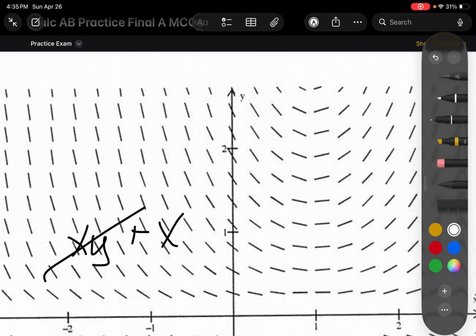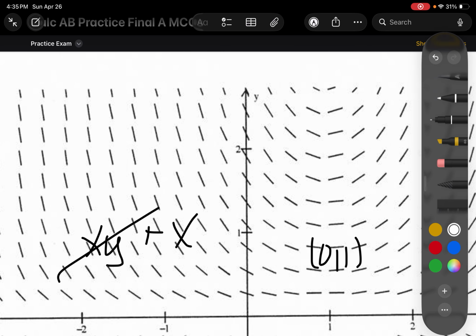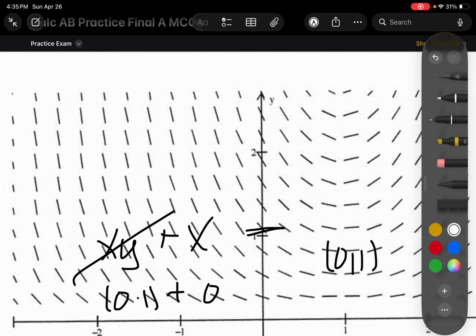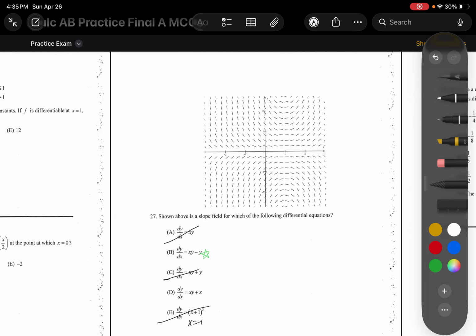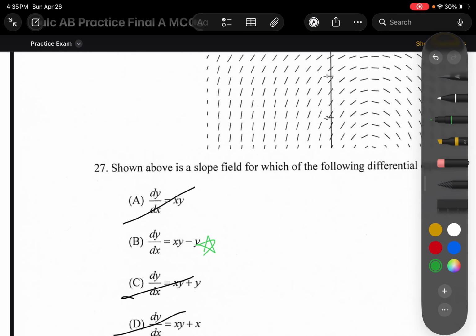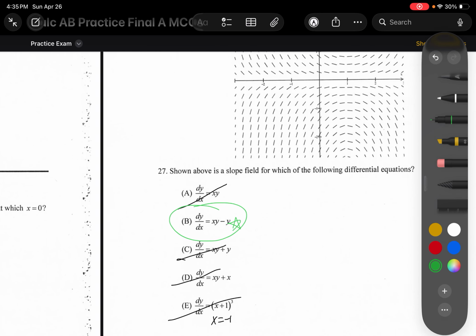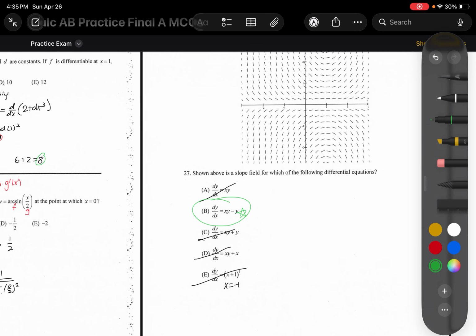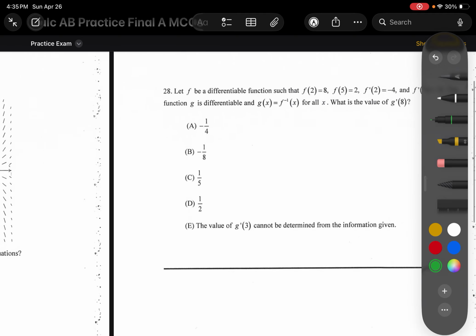So at 0 comma 1, it's going to be 0 times 1 plus 0. So our slope here is supposed to be 0, which is not the case. So we can eliminate option D, and now B is our answer, which does match the solution's answers, so that is correct.